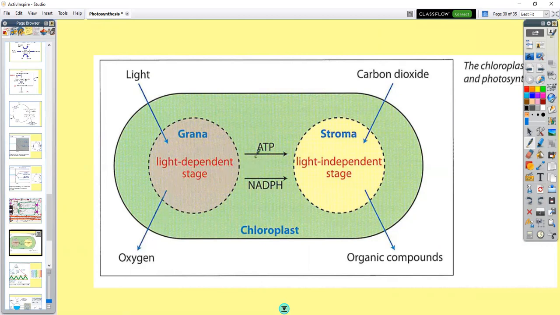That light dependent stage produces ATP and NADPH, which are then used in the light independent stage in the stroma, carbon dioxide being fixed and producing those organic compounds or sugars within the chloroplast.